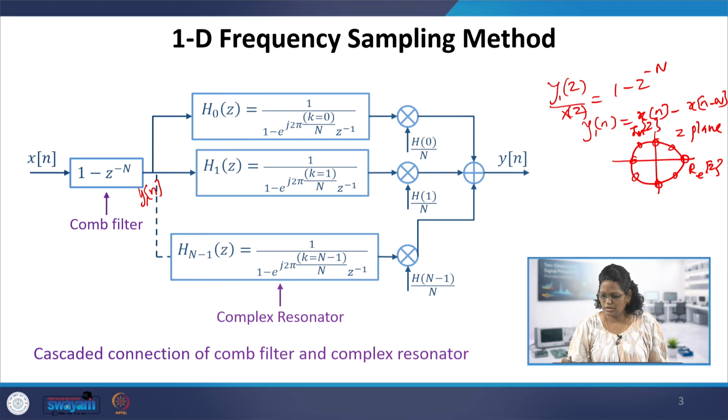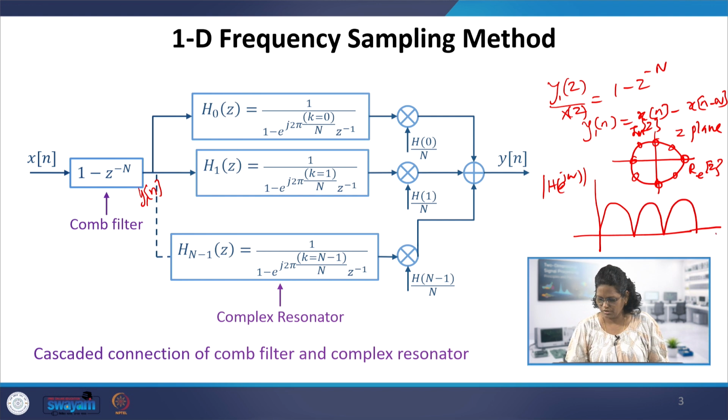We can substitute x of n and x of n minus 8, and so we get the frequency response H of e to the power j omega. The magnitude would look like this, where omega varies from 0 to pi.